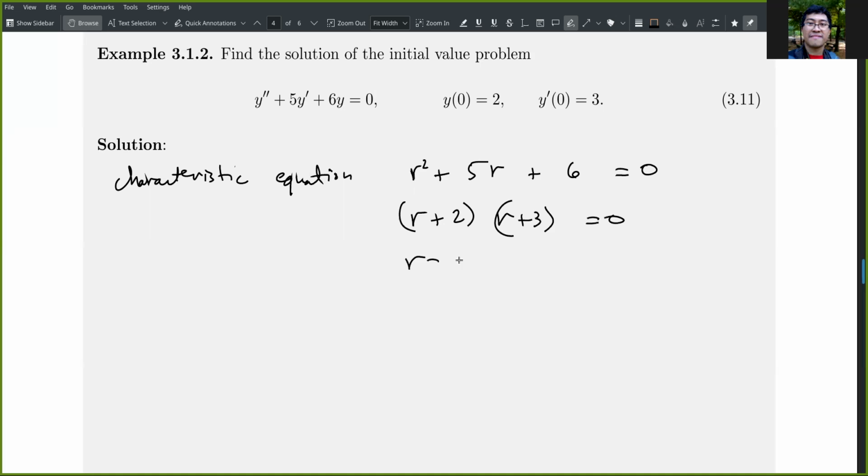The solutions are r equals minus 2 and r equals minus 3. Let's call this r1 and this one r2.